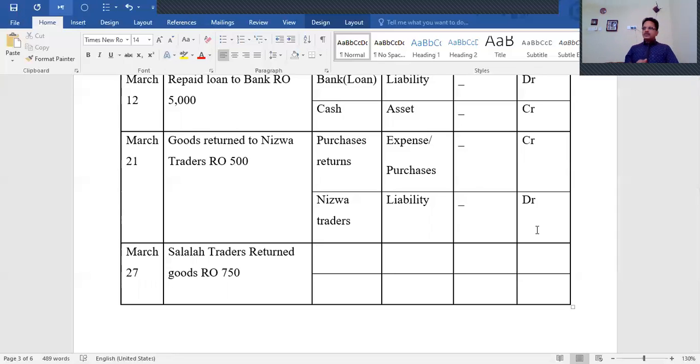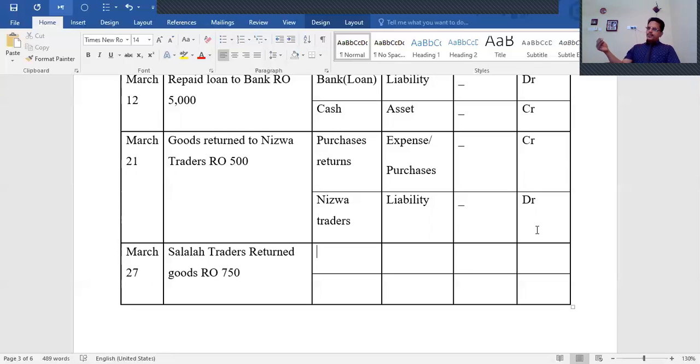Then Salala traders return goods. This is just the opposite. Salala traders are your customer; you sold goods before to Salala traders and they returned them. So it is Mushtariyat Ragya, sales return. It is also called return inward, dakhili.